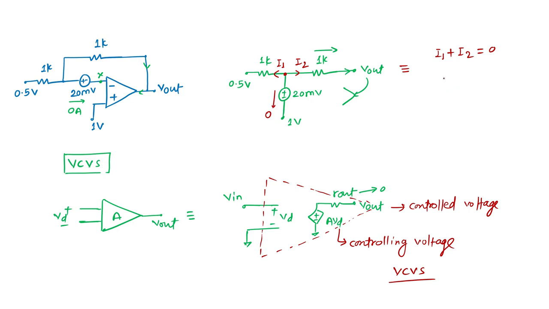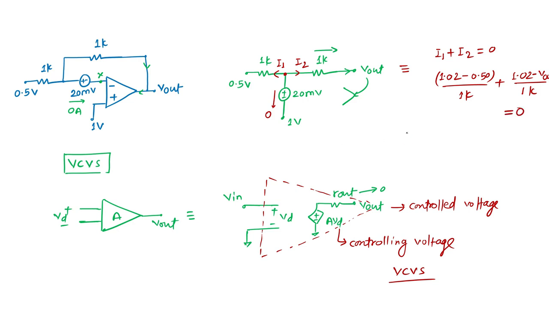So I1 is 1.02 volt minus 0.50 volt, divided by 1K. I2 then should be 1.02 minus V out, divided by 1K, and this combination should be 0.